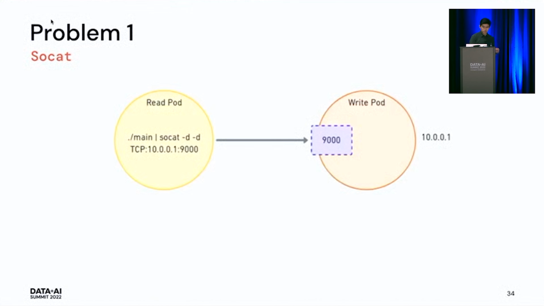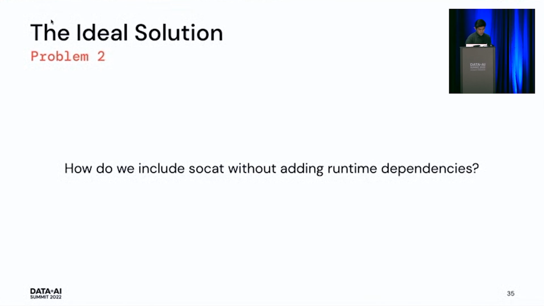How this works is, on the right side, you have the write CLI, you say, listen to this port 9000. On the read CLI side, you say, hey, read CLI, instead of only reading, take your output, use socat, and shoot it as a TCP connection to the right side of this entire pipeline. So that works great. We've solved how to talk between the pods.